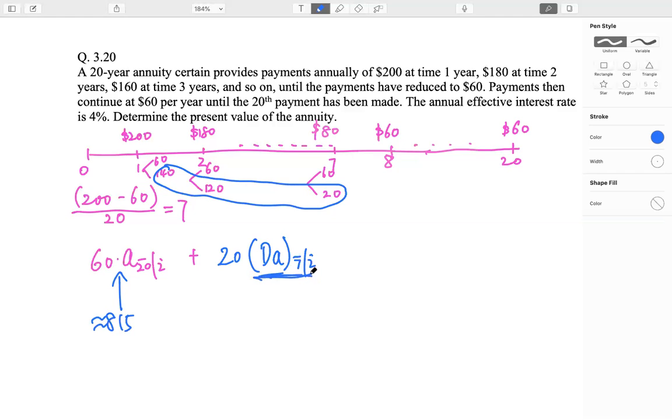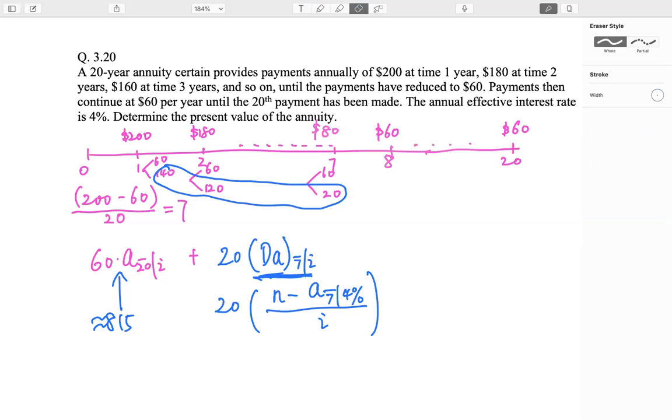For this, the formula for decreasing annuity is n minus the corresponding present value of annuity immediate. Interest rate is actually 4%. Let's keep the general formula.